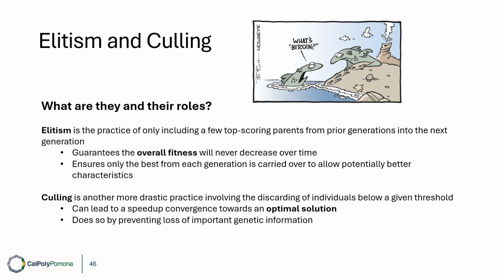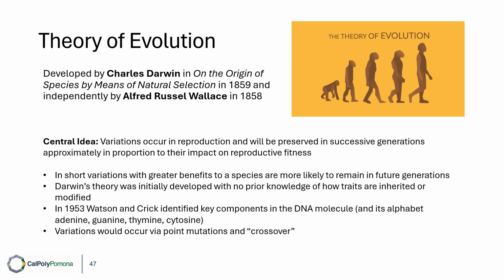Now, this all ties back to the theory of evolution and the concept of it. Developed by Charles Darwin in On the Origin of Species by Means of Natural Selection in 1859, and independently by Alfred Russel Wallace, the central idea is that variations will occur in reproduction and are preserved in successive generations based on how crucial their impact is on reproductive fitness.